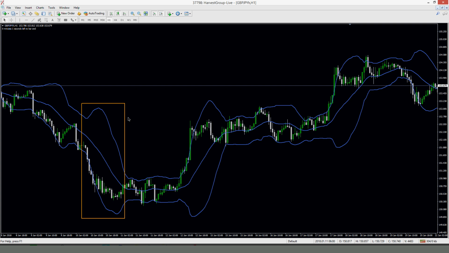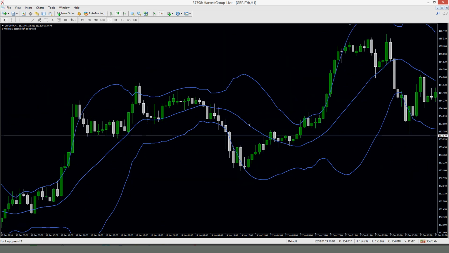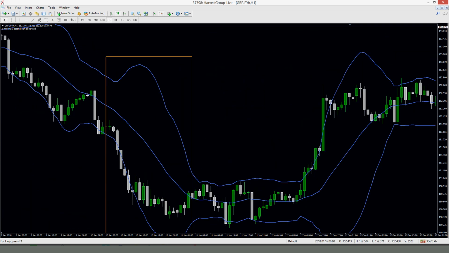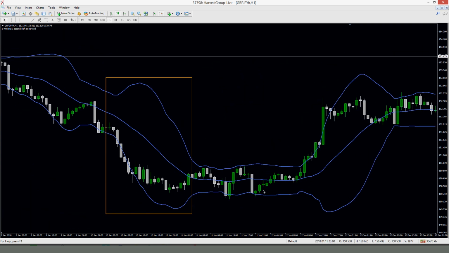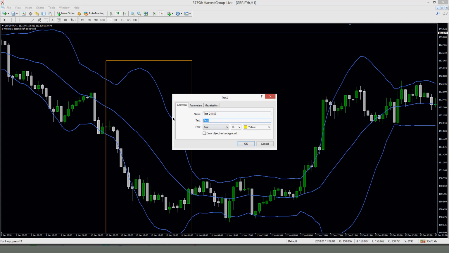How do we know that this is a momentum Bollinger Band? Let me just zoom that in. A momentum Bollinger Band is, let me just write it down over here, top and low BB.